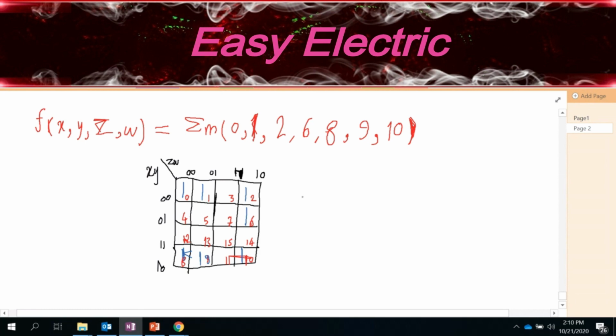Okay. So as usual, we just consider the group with the possible maximum members. So the members could be 1, 2, 4, 8, and 16. So definitely we refuse 16 because you couldn't select a group which covers all these 1s and has 16 members.